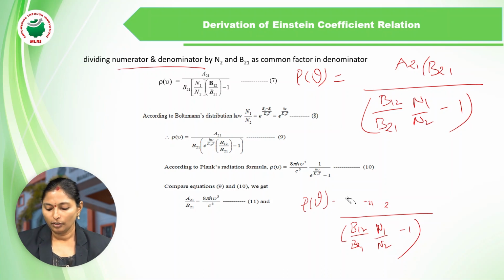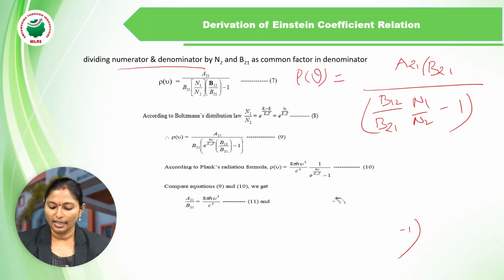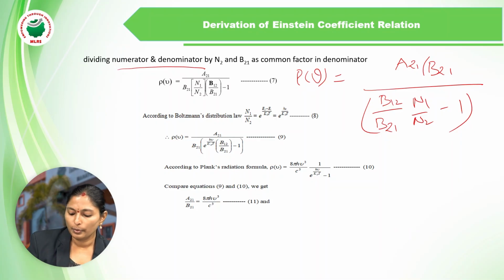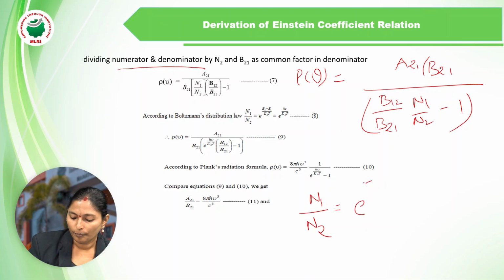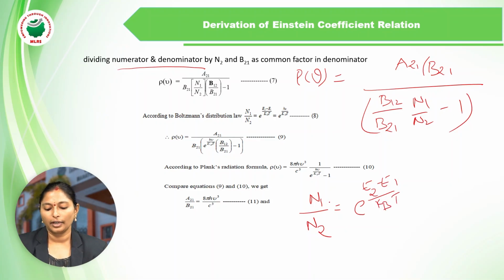With the help of the Boltzmann distribution law, we are writing directly, with no need of going into the detailed relations. N1 by N2 equal to e power E2 minus E1 by KBT, from the Maxwell-Boltzmann distribution law.